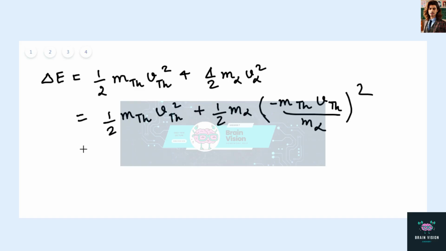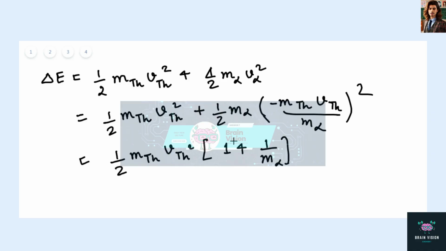Okay, let's put all of this together, and if you simplify, what you are left with is m thorium V thorium square, 1 plus, right?